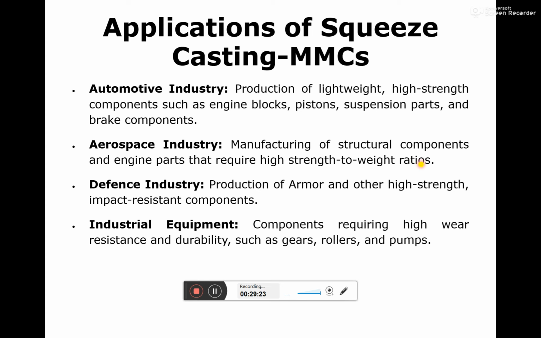You can also manufacture aerospace and defense related items, and different industrial equipment requiring high wear resistance and durability, like gears, rollers and pumps. So that's how the squeeze casting process is performed.